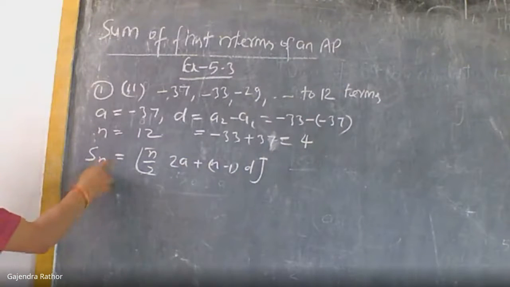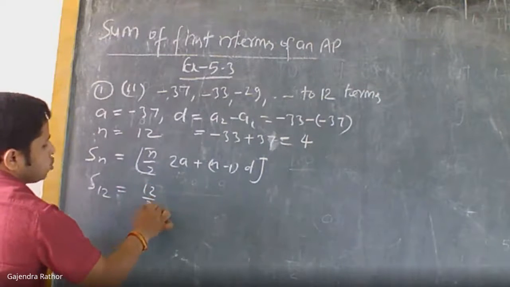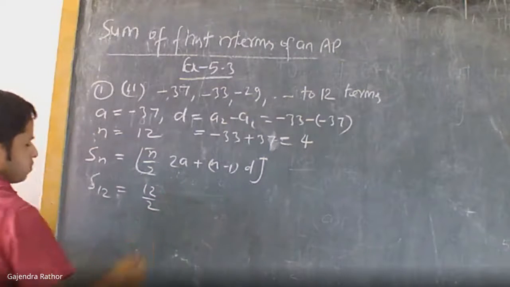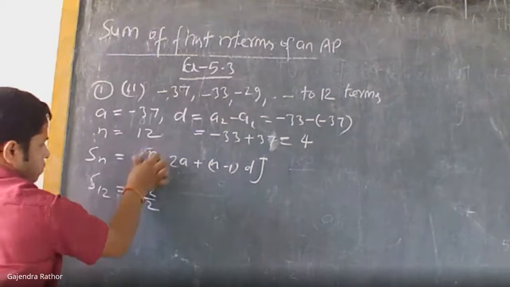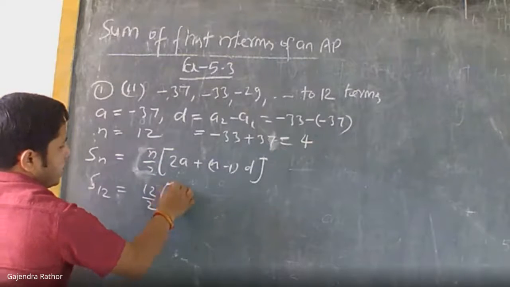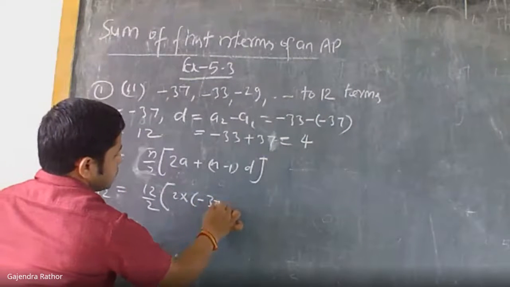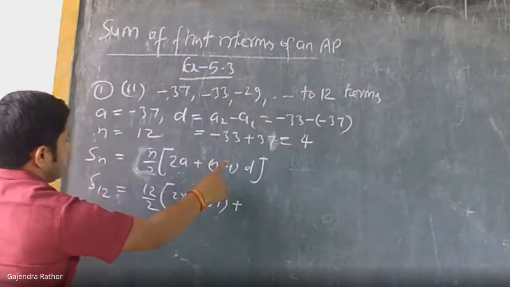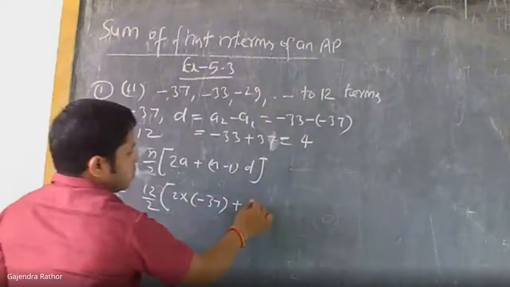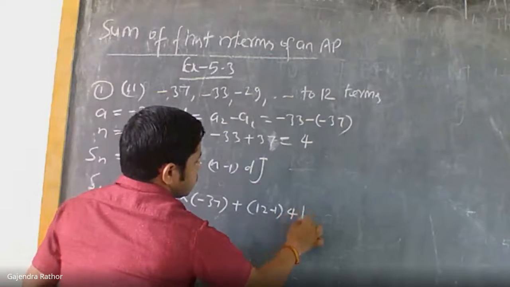Here n is equal to 12, so this becomes S12, 12 by 2, bracket 2a, 2 into a is minus 37, plus n is equal to 12, so 12 minus 1, again d is 4.